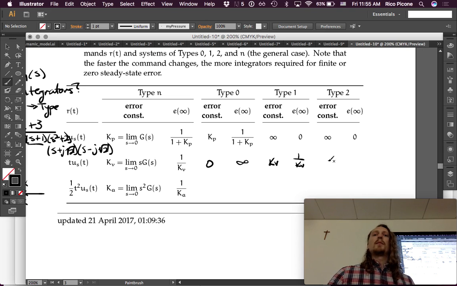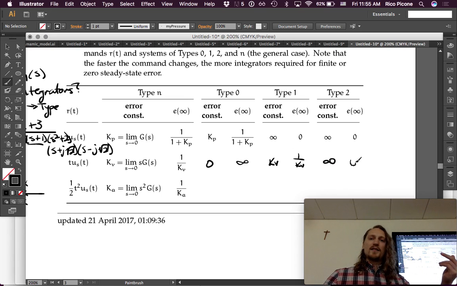For a type 2 system, if you have 2 integrators in here, then one of them cancels this s, right? Then there's one left over, so when you take it to 0, it makes Kv infinity, which makes the steady state error, the inverse of that, 0.